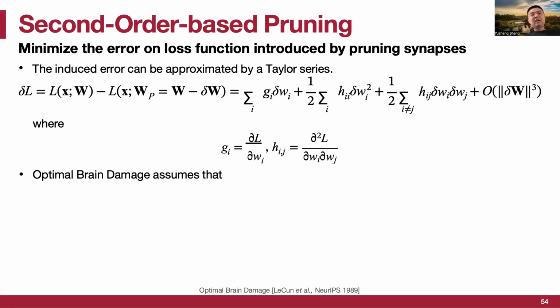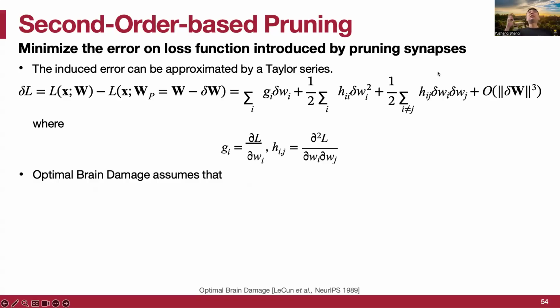Basically, they calculate the derivative of the loss function in the neural network. The high level idea is to minimize the error on the loss function introduced by pruning synapses, right?